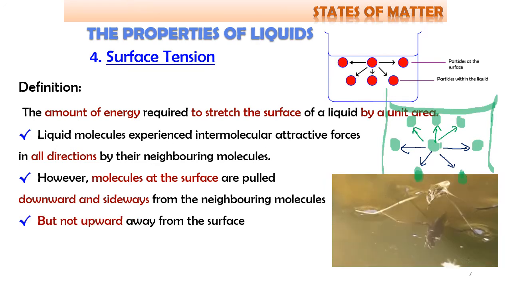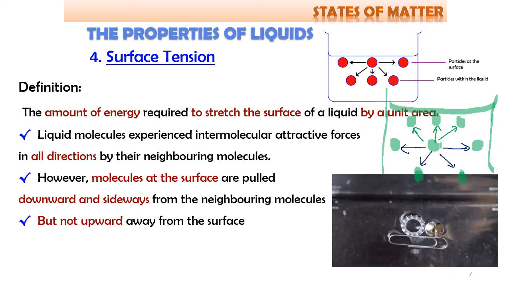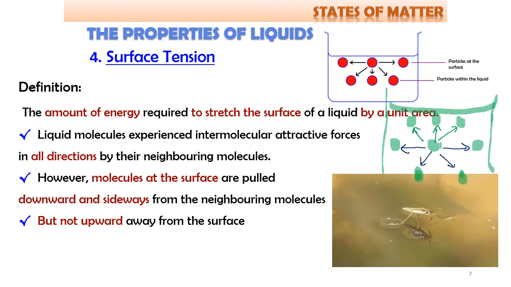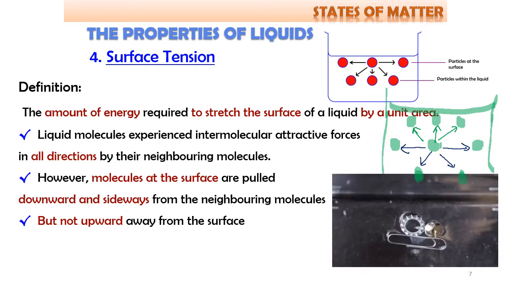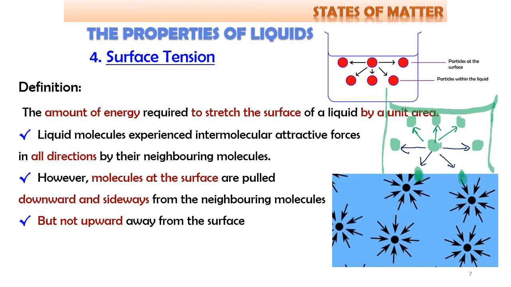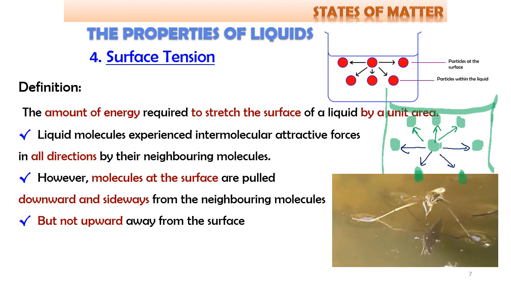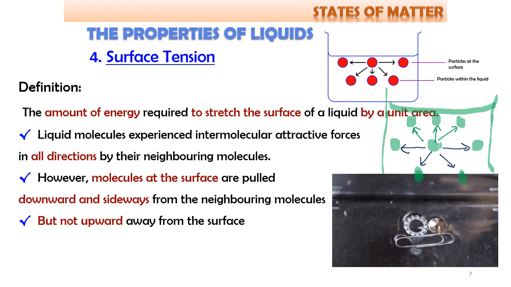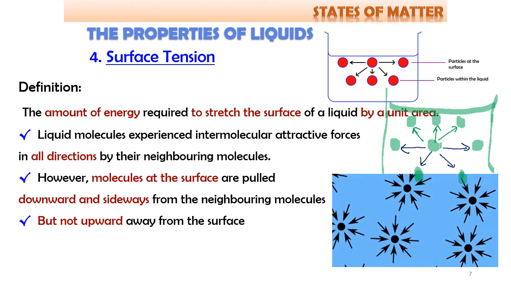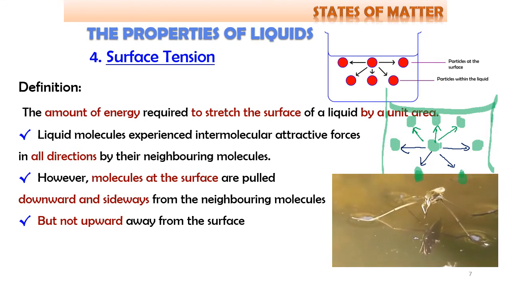And the importance of this surface tension is that it allows the water strider to float on water, or it is the explanation for why a paperclip can float on water, because of the surface tension.